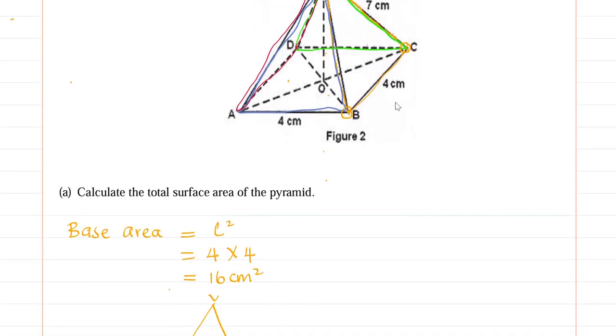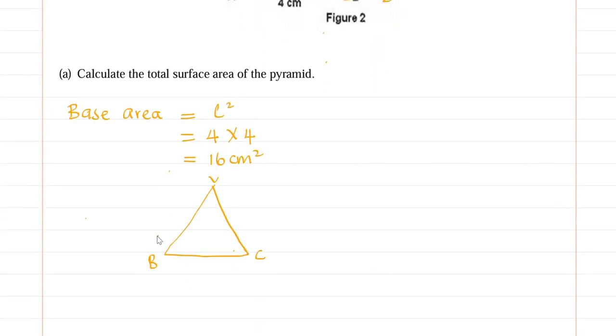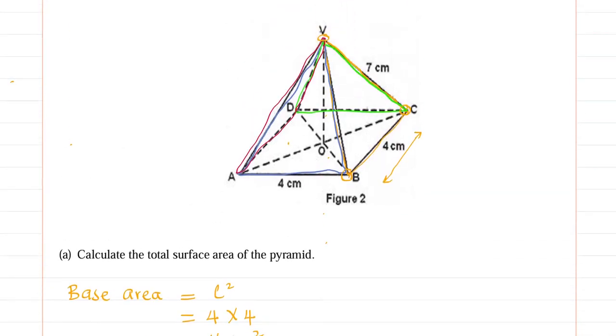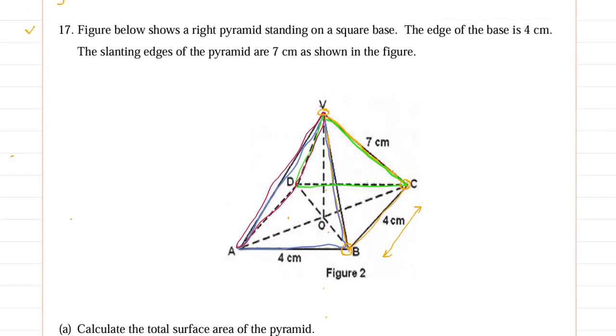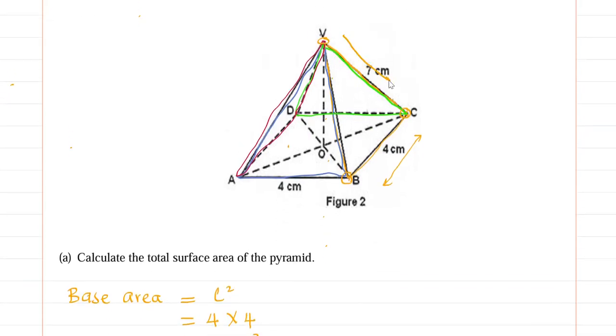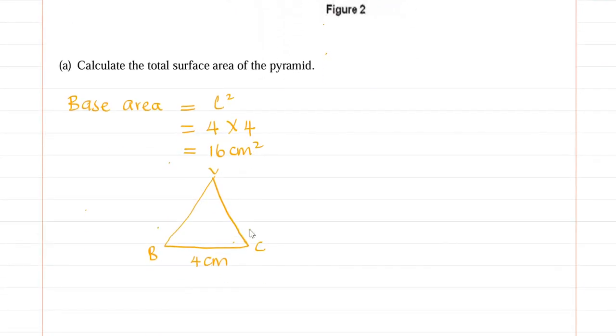And then the length BC is 4 centimeters. So here I will put 4 centimeters. And then the slanting edge has a length of 7 centimeters. This is the length VC, which is 7 centimeters. So this side here is 7 centimeters.